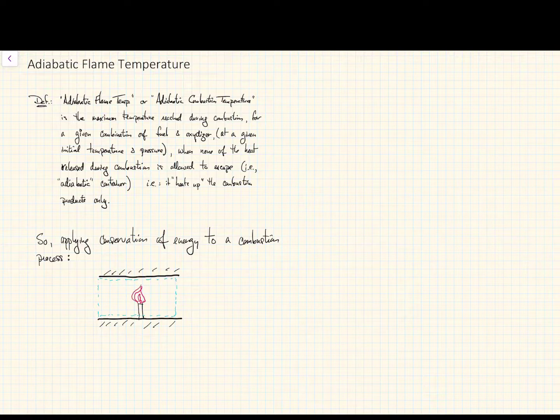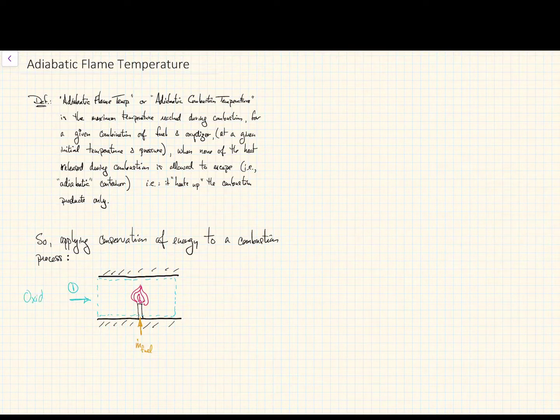Of course, there is no shaft work being done in this process. So our oxidizer comes in at state 1, and our fuel comes in, let's say, at the same temperature and pressure to keep things simple. And the combustion products are exiting at 2.